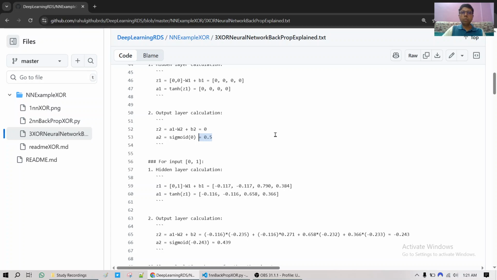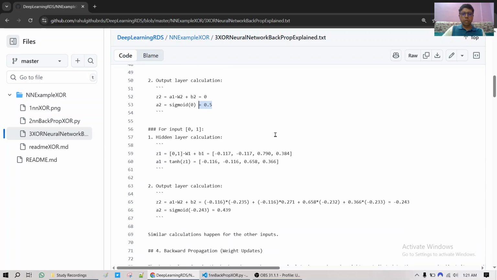So how does the neural network learn? This input helps you understand how the neural network runs.